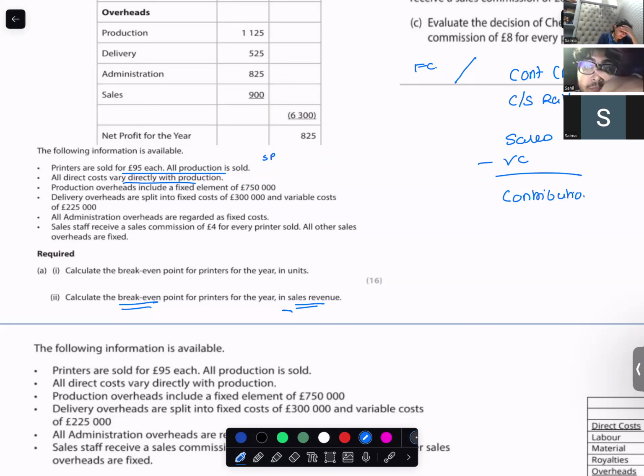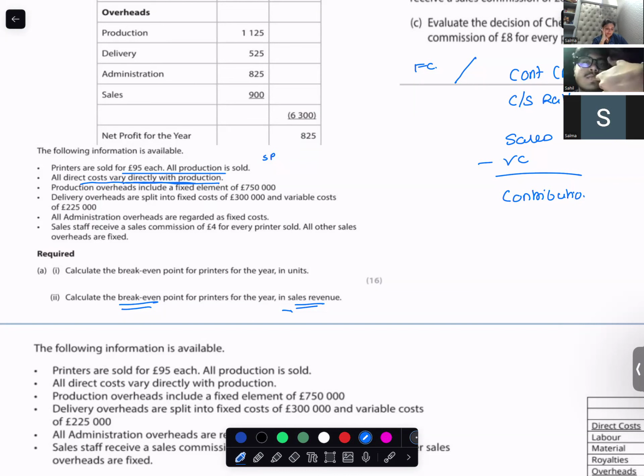Do I have the selling price? Yes, 95 pounds each. All direct costs vary directly with production.